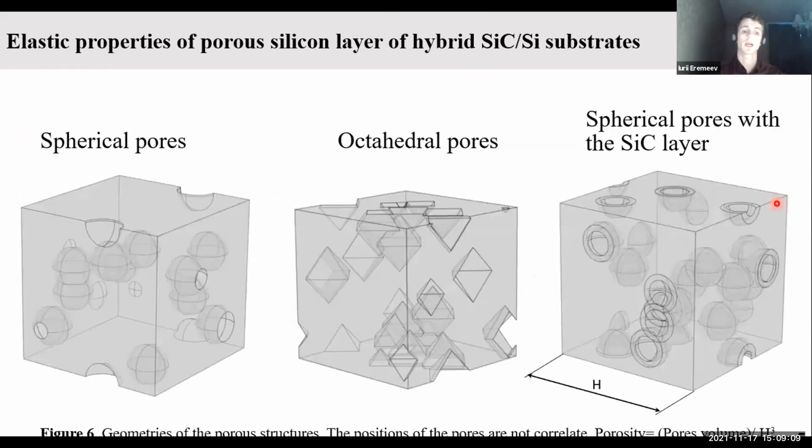Let's consider the cubic periodicity cell of silicon with the edge length H. A porous structure is created by adding randomly arranged spherical pores, left picture, octahedral pores, or spherical pores with a thin SiC layer. The characteristic size of the pore is the same for all pores, and the positions do not correlate.